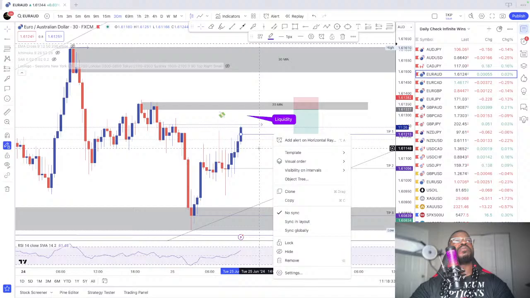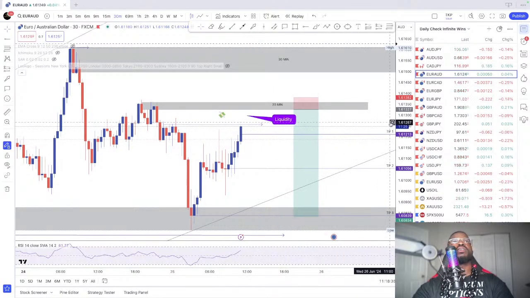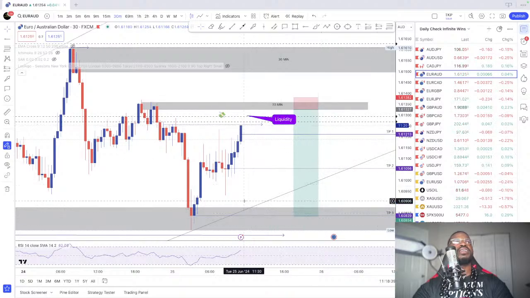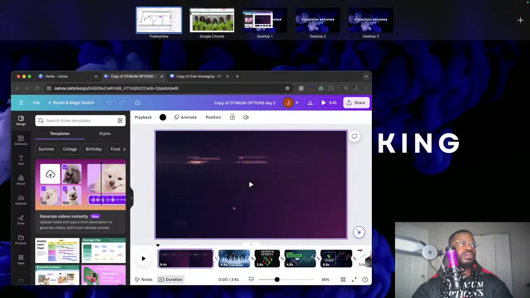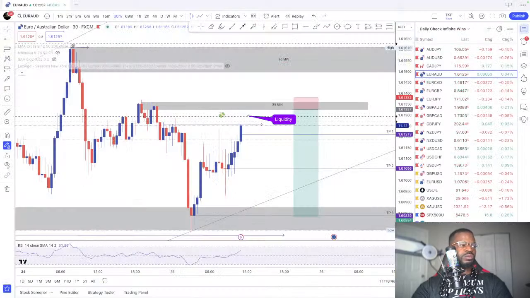All right, so we got the picture painted, set an alert. I believe this is going to get hit today. Oh, US 30 pulled all the way back.